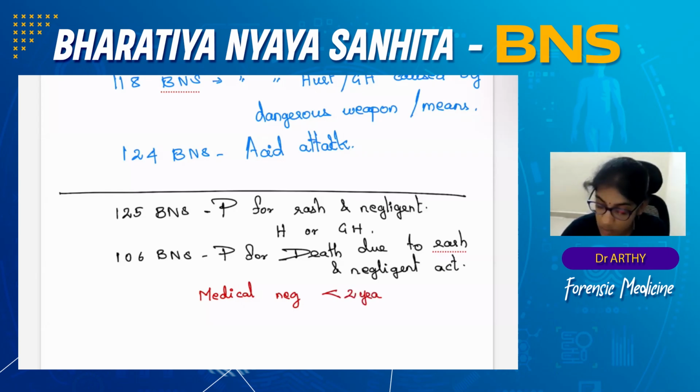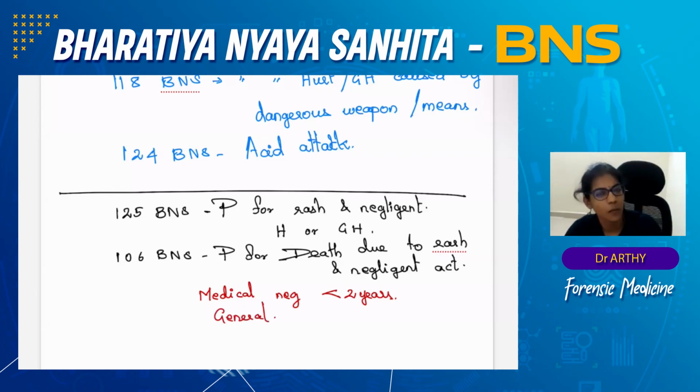So the punishment has to be within a 2 year period. Now, again, let me make it very clear. Here they are talking about criminal negligence, which means the negligence has been very gross, like a wrong limb surgery, or a Unani doctor doing an appendicectomy, gross negligence.